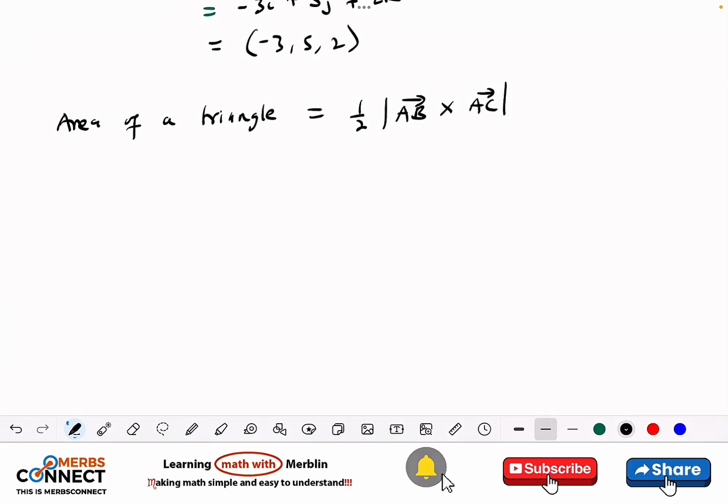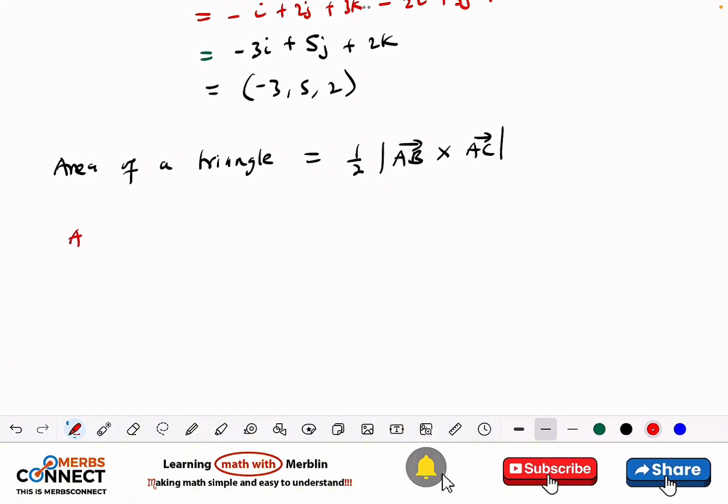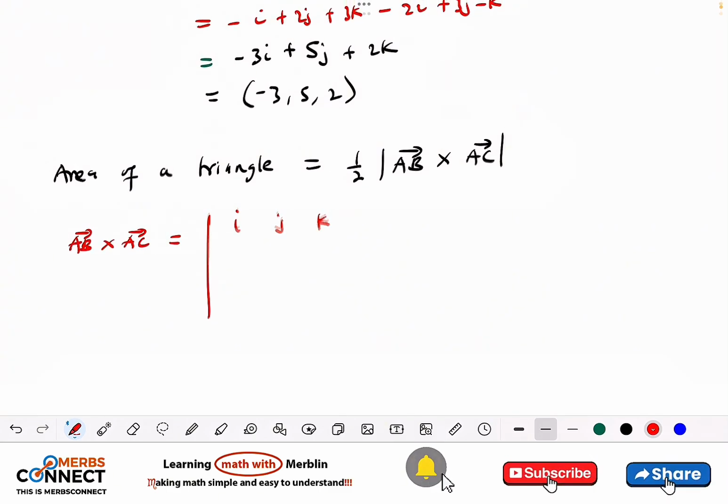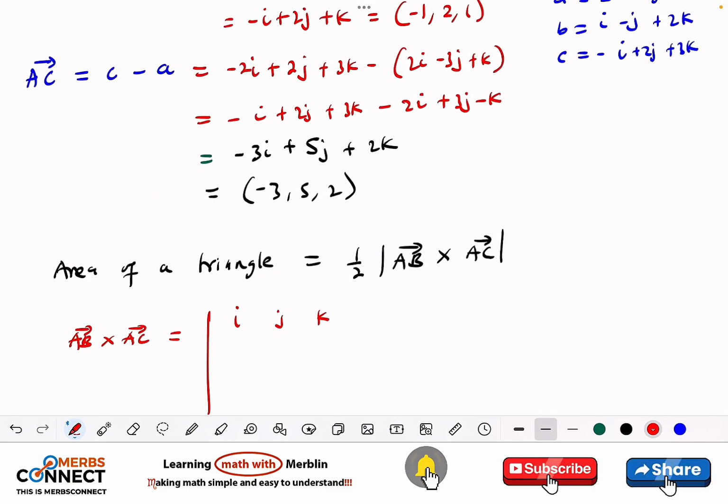So now let's pick A cross B and do that. AB cross AC. This is going to be IJK. When you solve more examples, you become very good with this and then you just be doing them.